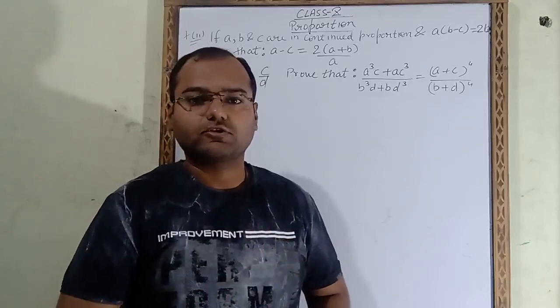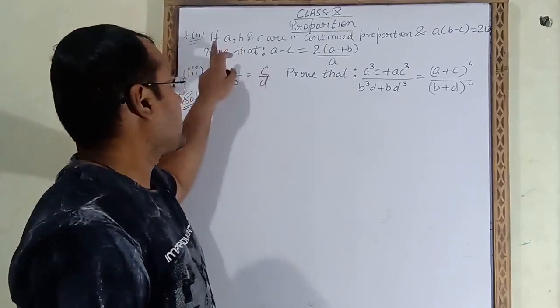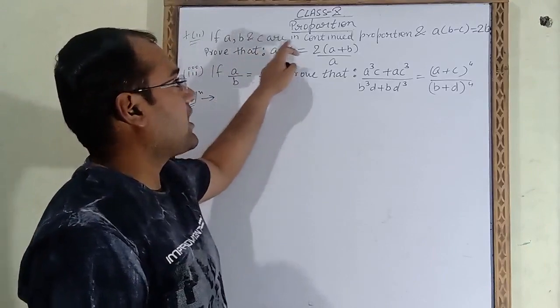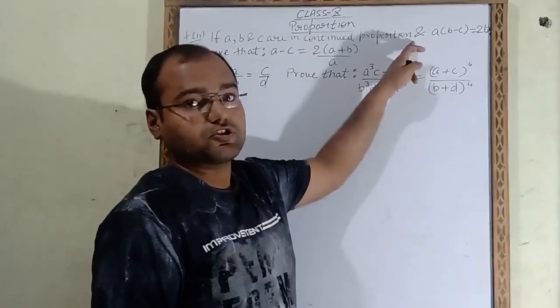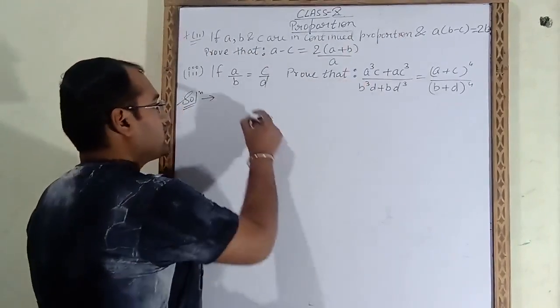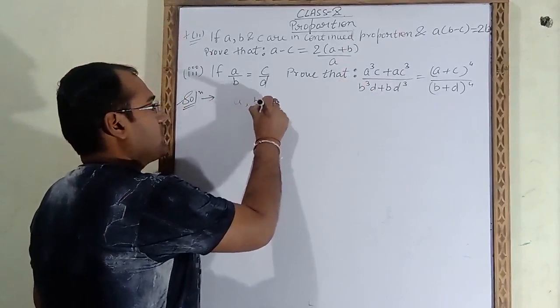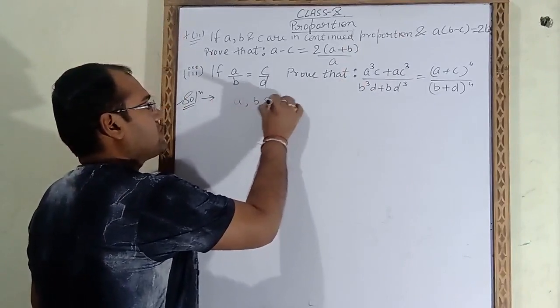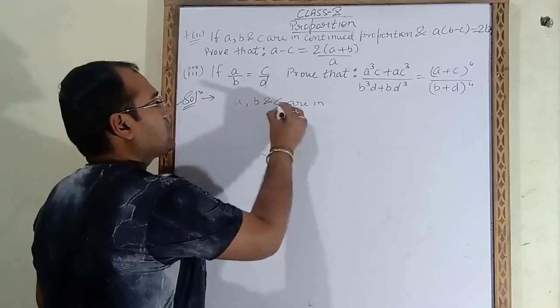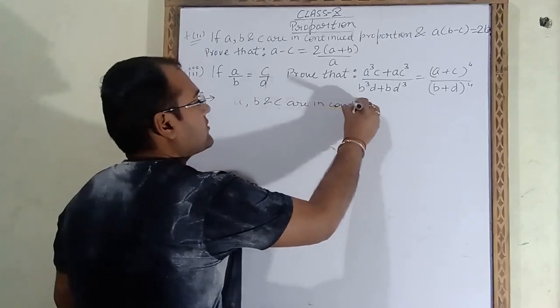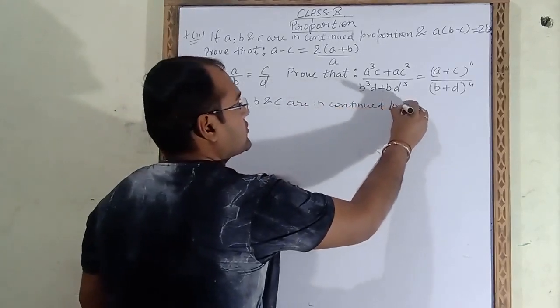Now see next question. Question is, if A, B and C are in continued proportion. What he said? He said A, B and C are in continued proportion.